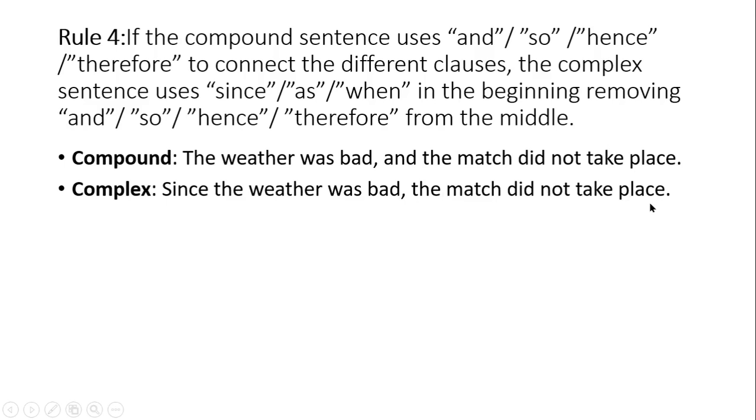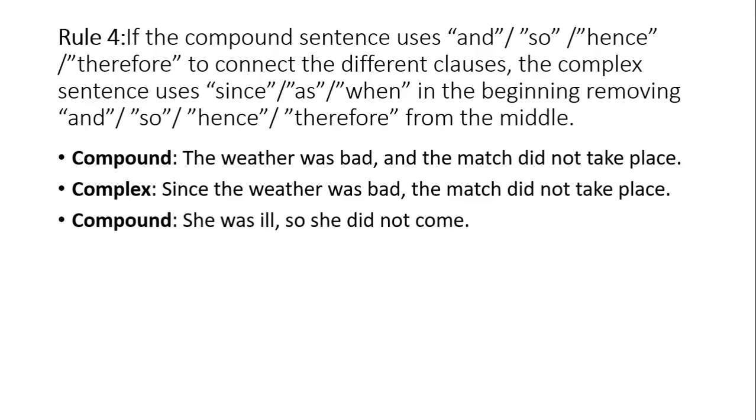Boys, be sincere and be clear about this rule. When this type of reason comes forward and we use and to join these clauses, then we have to use since, as, when we are changing sentences from compound to complex.